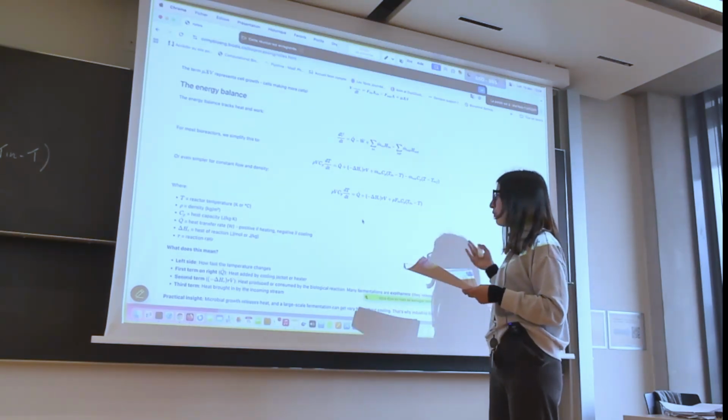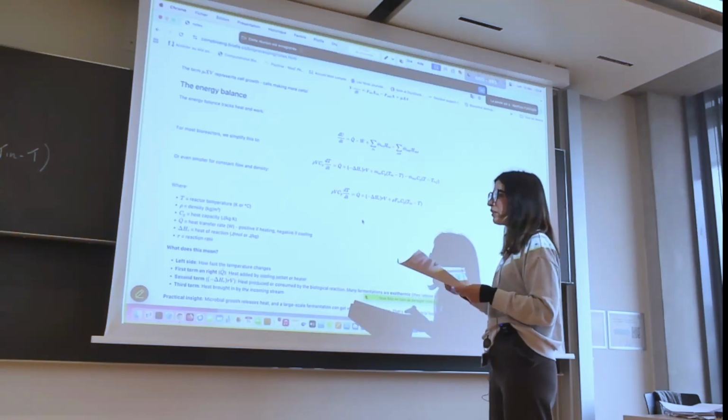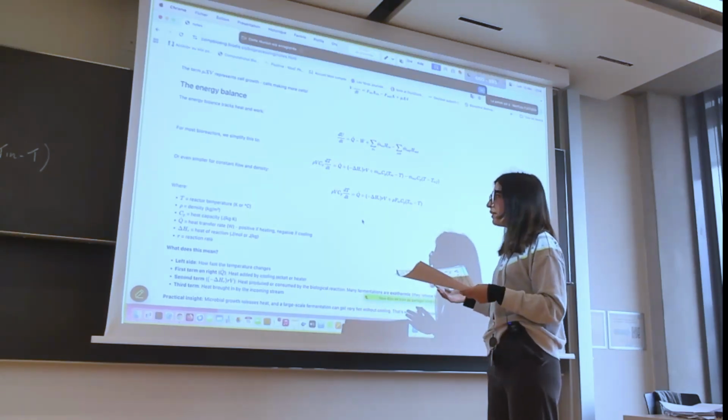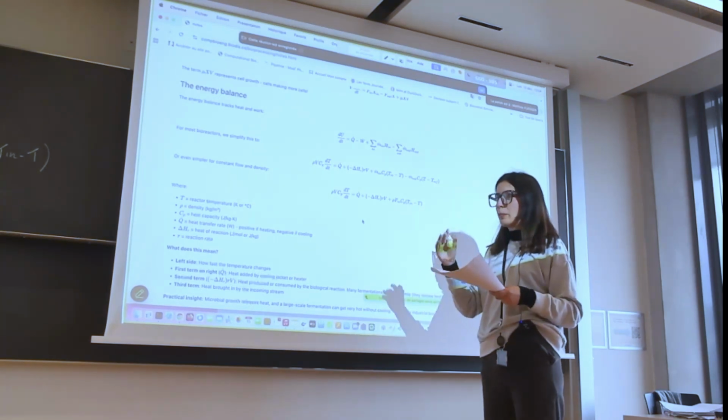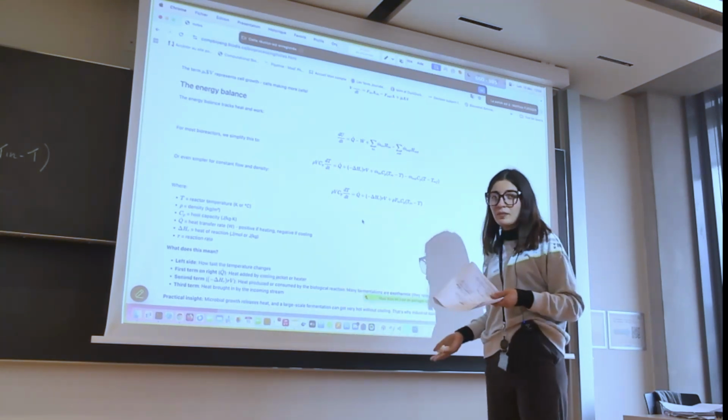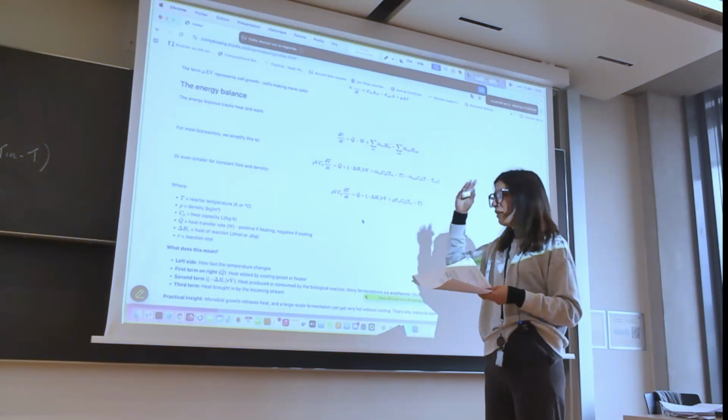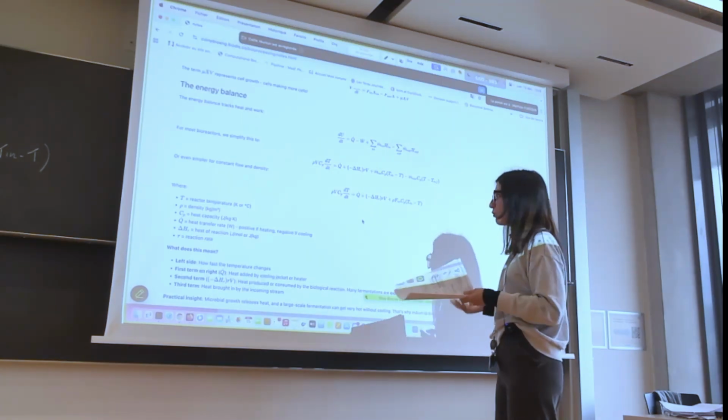And if we have, for example, a different fluid in the bioreactor, so I don't know, if the broth that we have inside the bioreactor is oil instead of water.